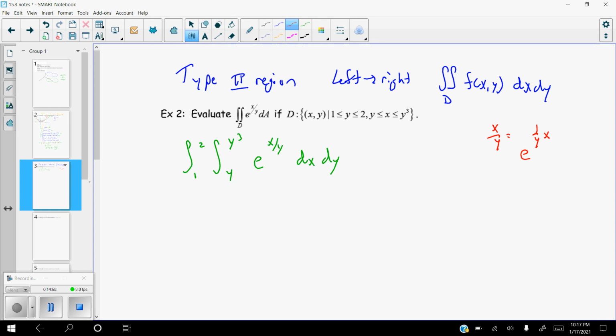So the antiderivative there would end up being y e to the x over y. So that's what we're going to get for our antiderivative here. If you need to do the u substitution, by all means go ahead and do so. Just remember you're doing this with respect to x, so treat y as a constant. We're going to evaluate that from y to y cubed.